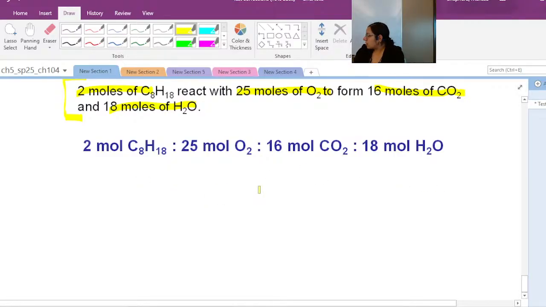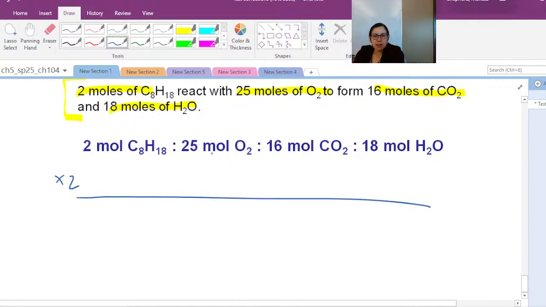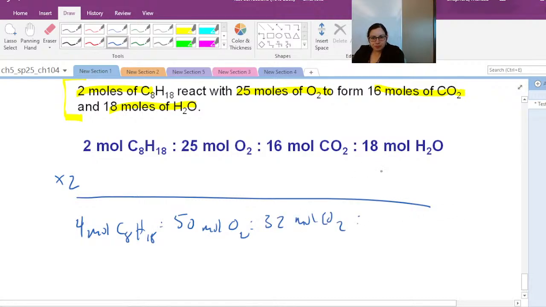And so this is just like a recipe, right? So if you need to scale up your cookies by 2, you got to double your batch of cookies. Same thing with your stoichiometry, right? So now we could do 4 moles of octane to 50 moles of oxygen gives us 32 moles of CO2 and 36 moles of water.